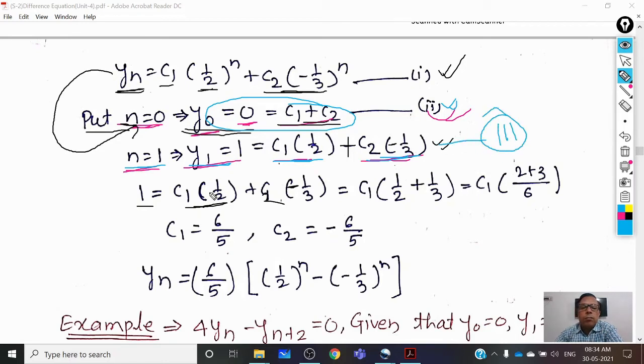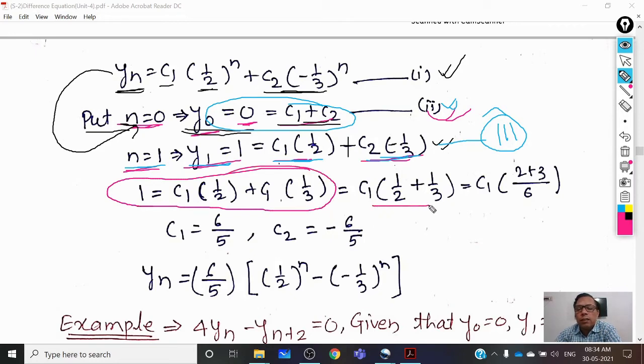So by using equation 2, equation 3 can be written as 1 equal to C1 into 1 by 2 plus C1 into 1 by 3.